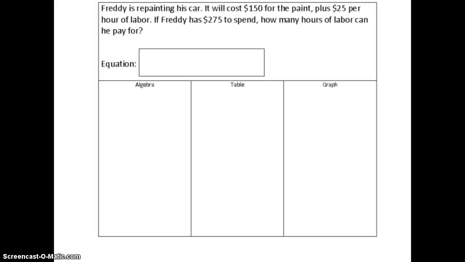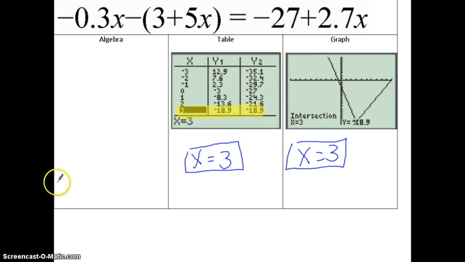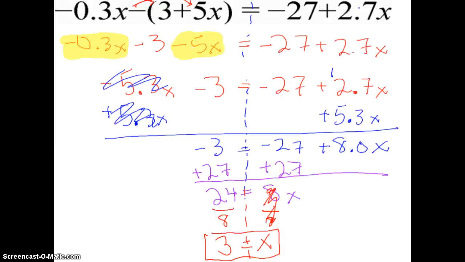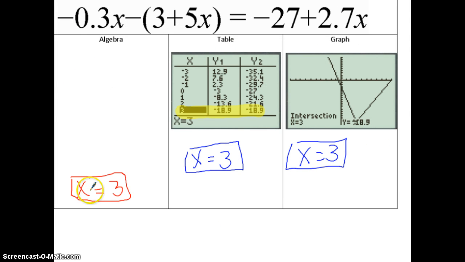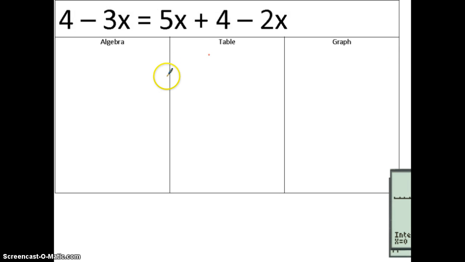Let's make sure that that made sense, and yes. So this should have gone under algebra was all the steps that I did right here. So please take these steps and put them here under algebra, and the final step should be x equal to 3.